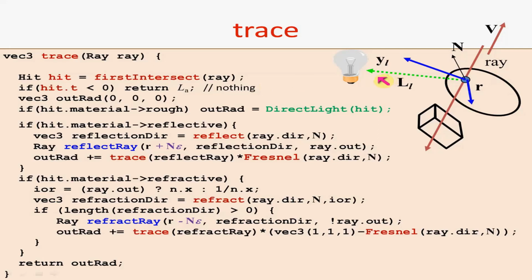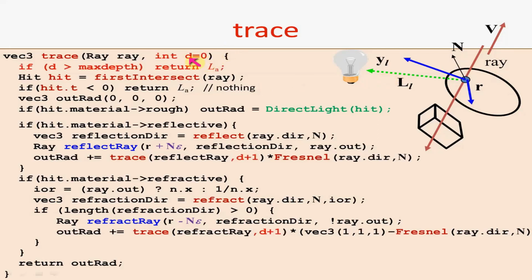This is possible by introducing a new parameter indicating the depth of recursion, which we call d. So when the depth of recursion is greater than a predefined limit called max depth, we terminate further calculations and return the ambient light. And at each recursive call, this depth parameter is incremented.